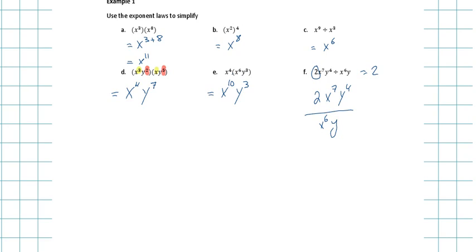You don't have to write to the power of 1, but if you want to write it just so you know what's going on, that's fine. And then y to the power of 4 divided by y to the power of 3. Because 4 take away 1, that's 3. Are we all okay with this?